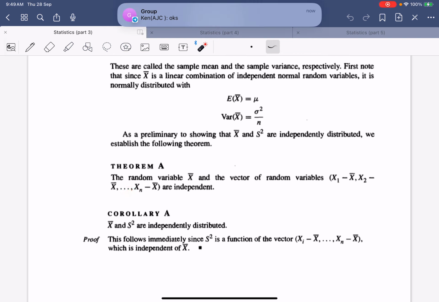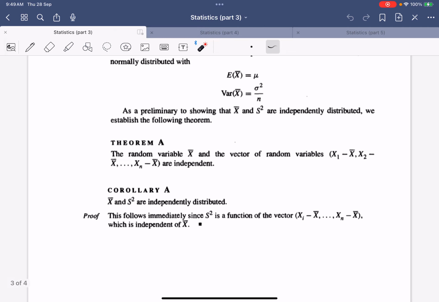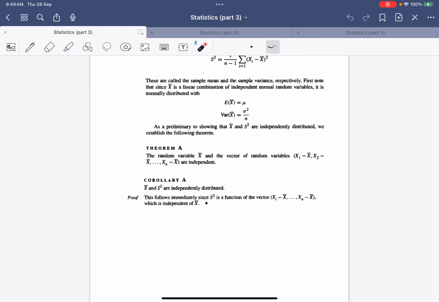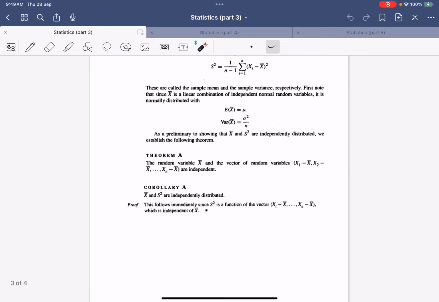The theorem is just quite algebraic, but to prove they are independent, you just show that the joint distribution equals the marginal times marginal. So basically that's how you're going to do it.